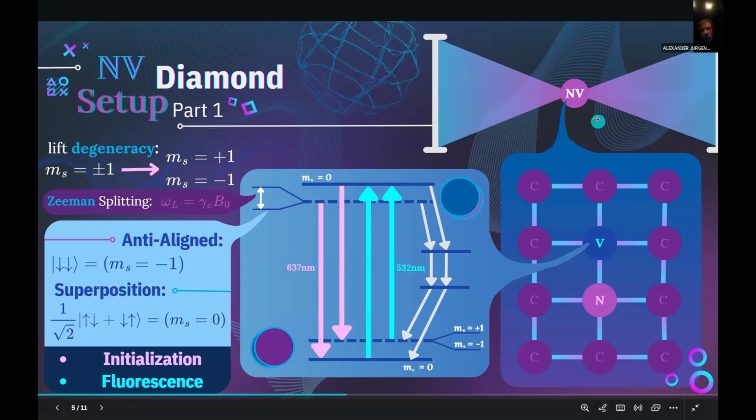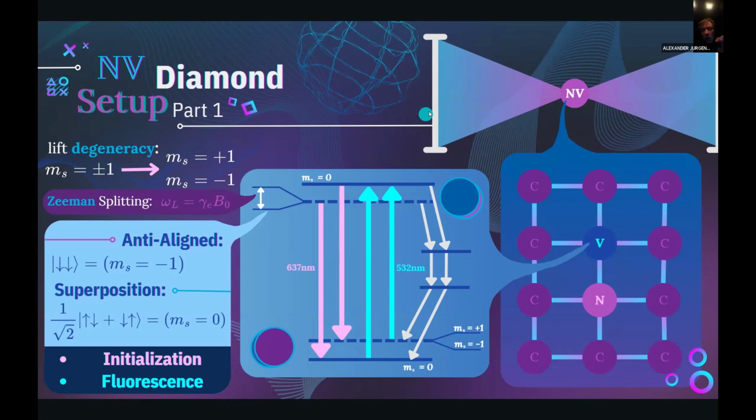In the state diagram you would see here, you have the valence band below and the conductance band above. In between you get these discrete quantum states, and then in between the bottom and the top, you have metastable states, the two just off to the side.